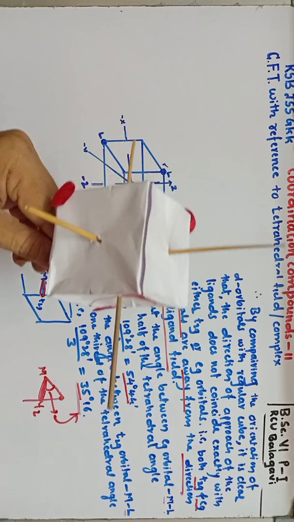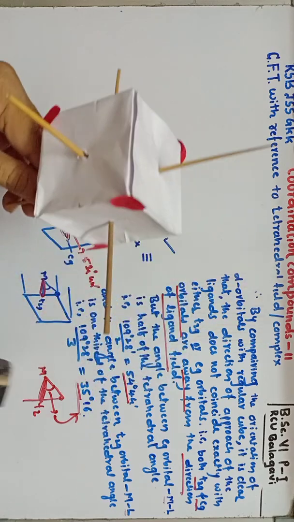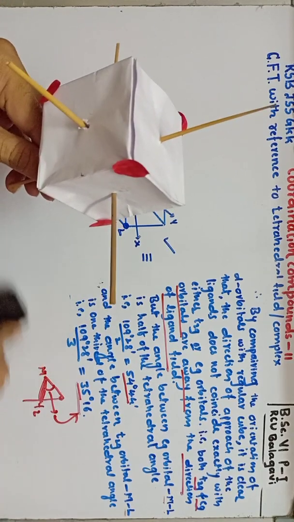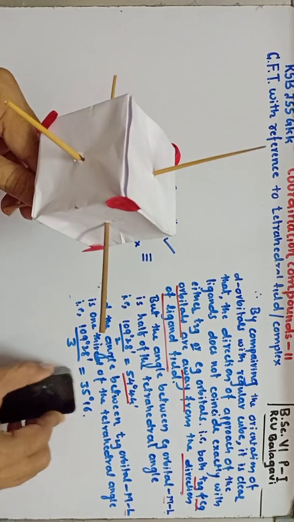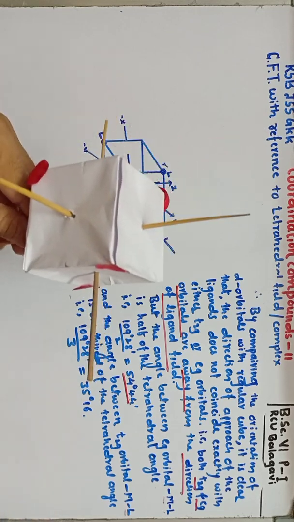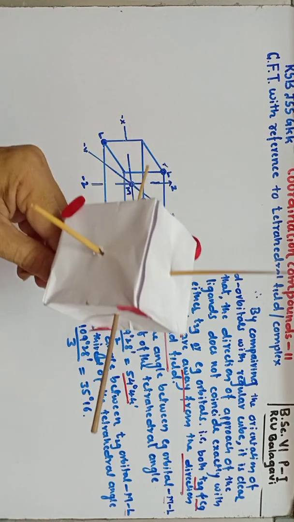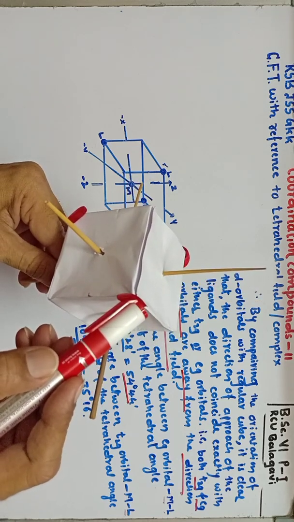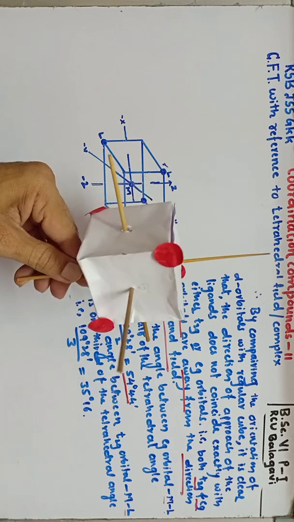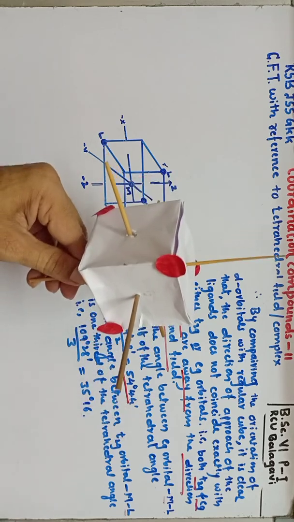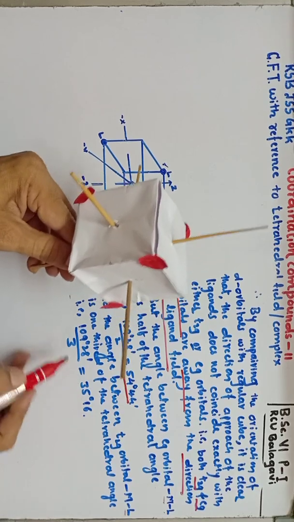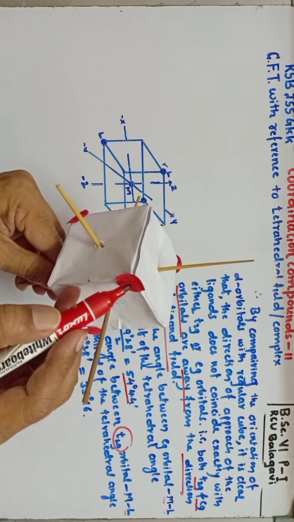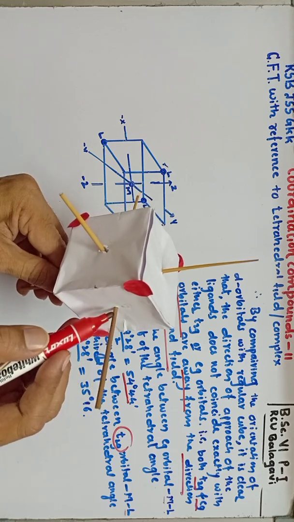Now by comparing the angle between the T2G orbital lobe, central metal ion and ligand, and the EG orbital lobe, central metal ion and ligand, it is very clear that the T2G orbital lobes are nearer to the ligand direction when compared to the EG orbital.